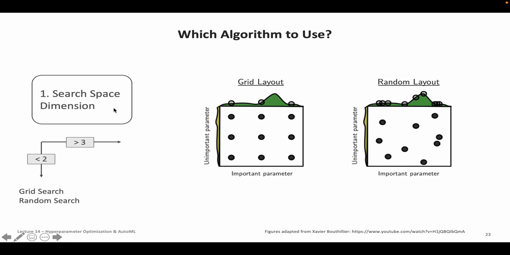If your search space is very low dimension, so if say you have just two hyperparameters that you want to optimize for, then it's probably the best idea to do random search and just sample configurations from the search space and train them until completion, or do the same thing with grid search, sample every value and look at how your models perform.